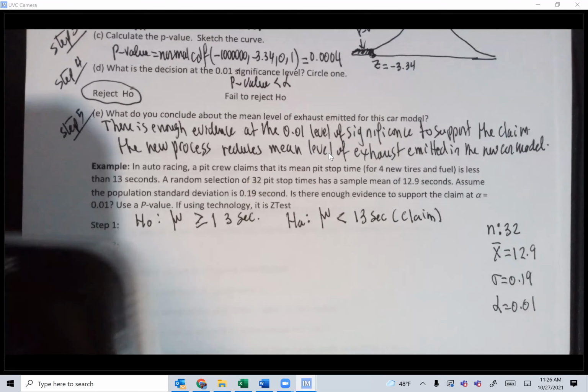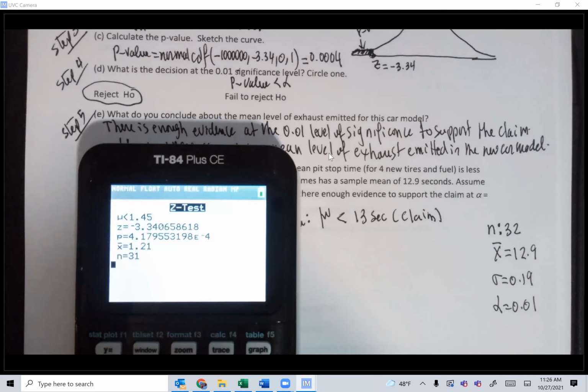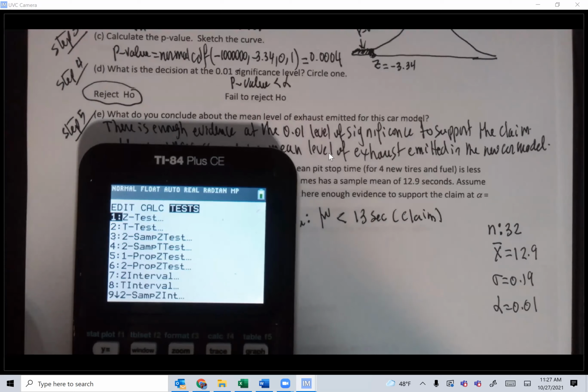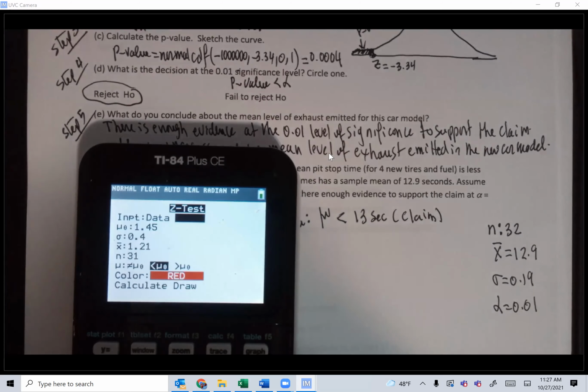Ready? So we're going to go to the calculator. We're going to hit STAT. From now on till the end of the semester, this is where you go, guys, to tests. Z-test, it's number 1. And you know what's coming after this? T-test, when sigma is not known. Okay, mu0.